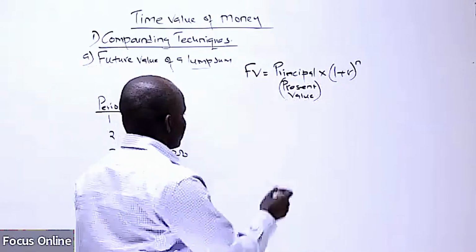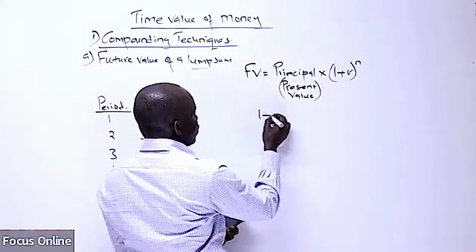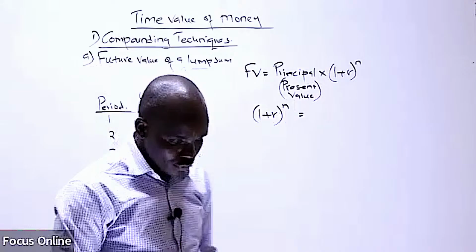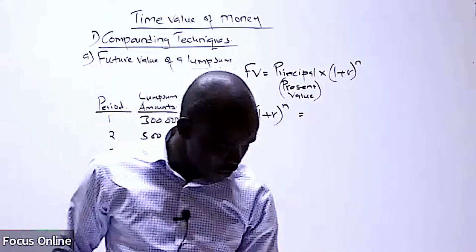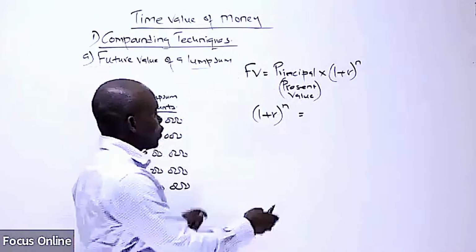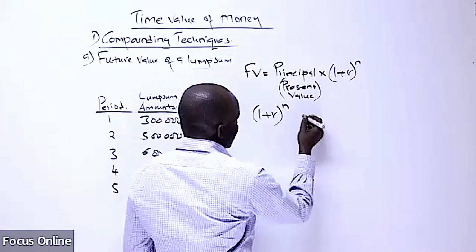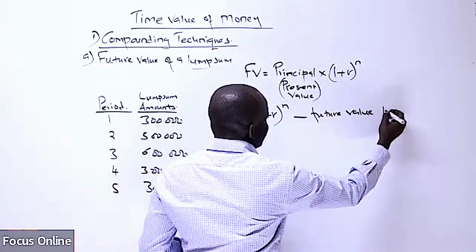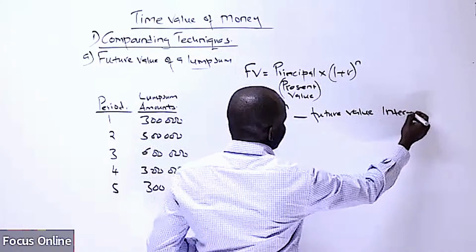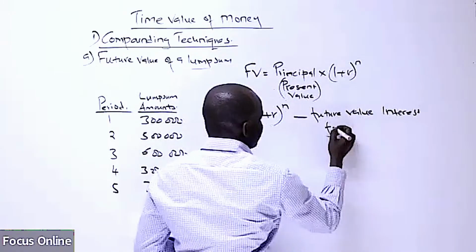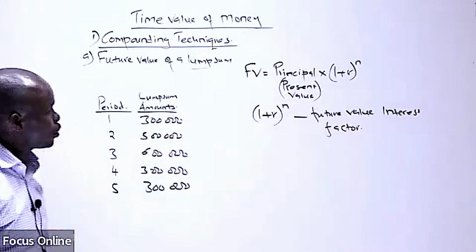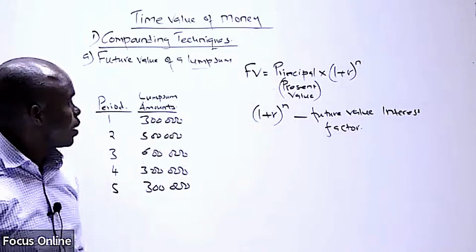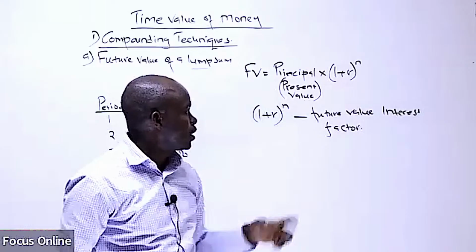This factor, 1 plus r power n, is called the future value interest factor. That factor is called future value interest factor. This one is very important: 1 plus r, in brackets, power n.